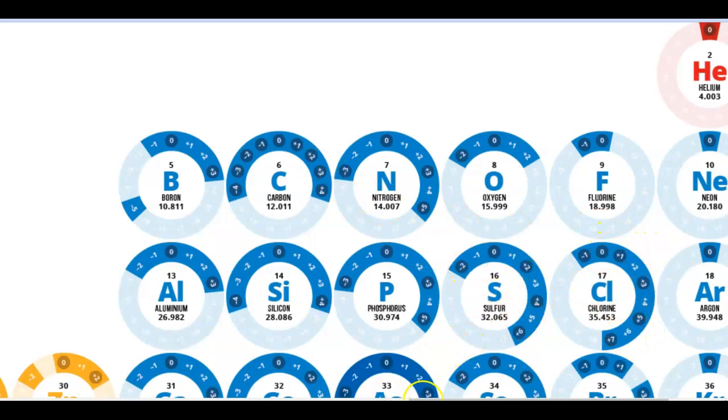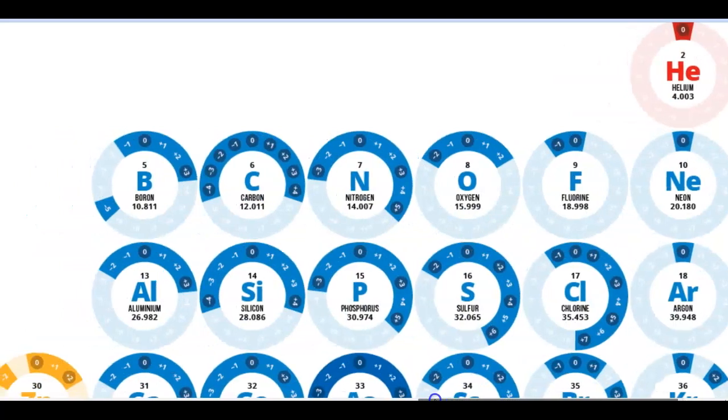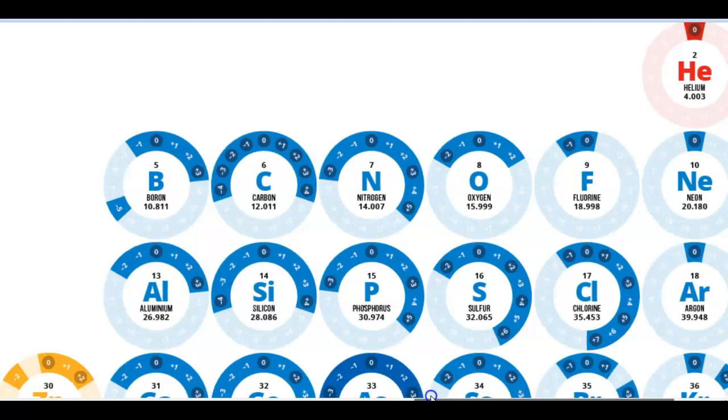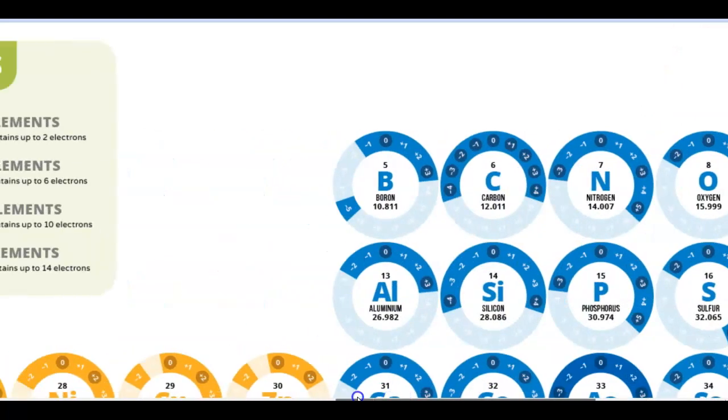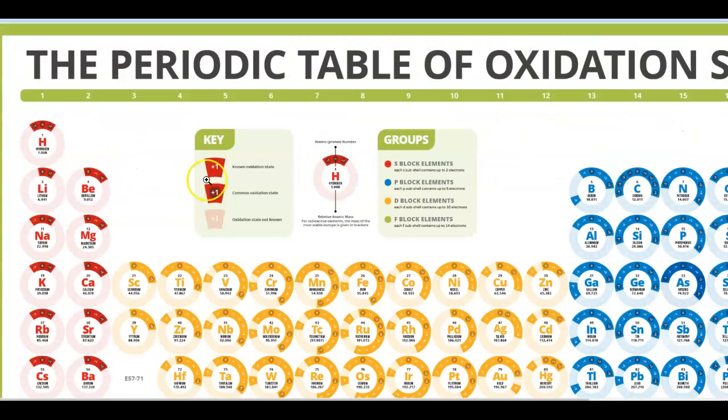If you want to keep this handy, I would not rely on it. Like I said, I would go through the rules and figure out what the sum for your compounds has to be. But if you're not sure whether a state exists, this is a cool periodic table to use. That link is on D2L.